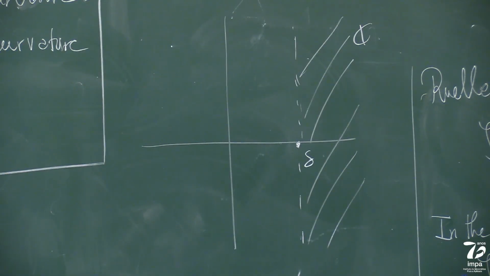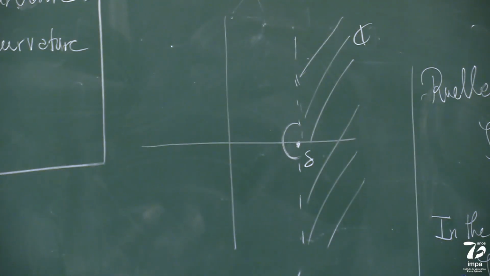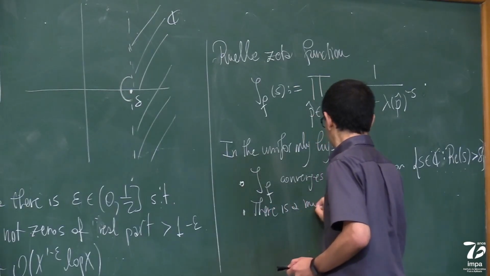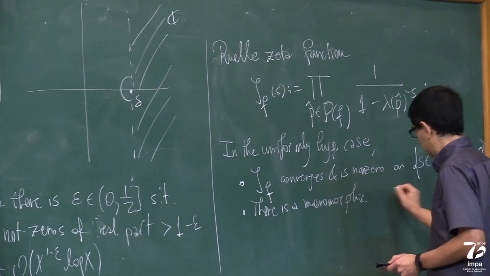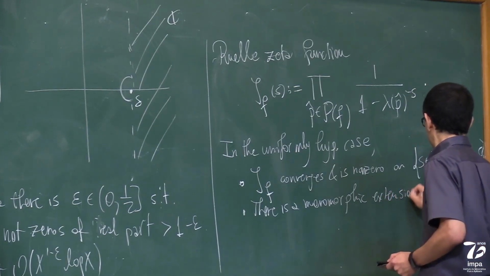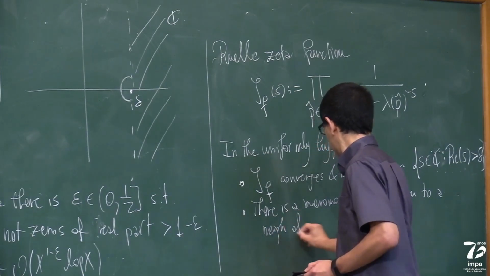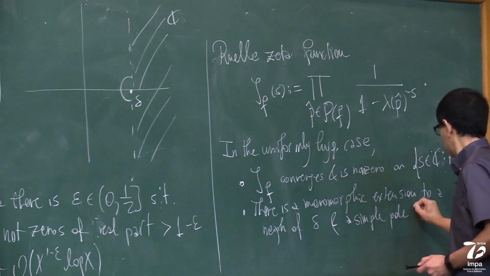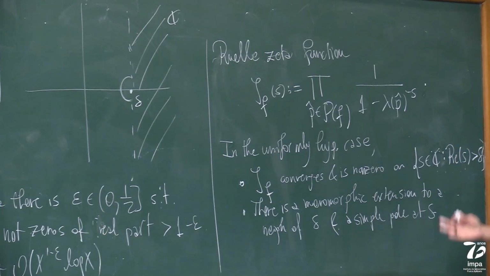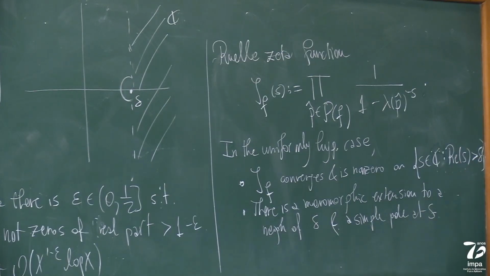He also showed that there is a meromorphic extension to a neighborhood of delta, and there's a simple pole at delta. So it's very similar to the situation of the Riemann zeta function where we would replace delta by 1. You have a simple pole there too.